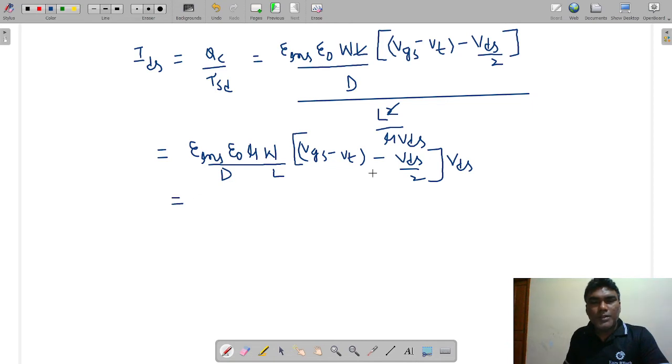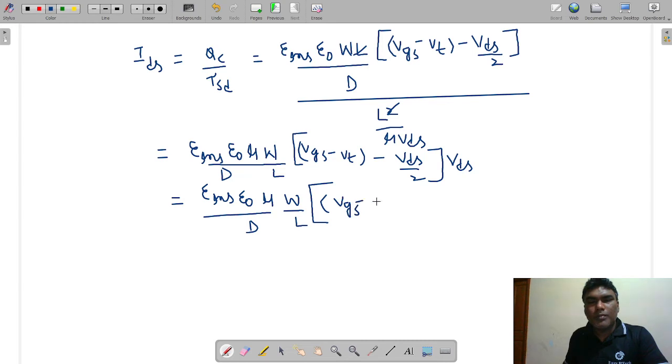So mu into VDS, so mu will be taken here. VDS is multiplying, and multiply inside of these brackets. Now epsilon insulation, epsilon naught, mu by D into W by L, VGS minus VT. We take VDS inside, and VDS is multiplied over here. It is VDS square by 2.